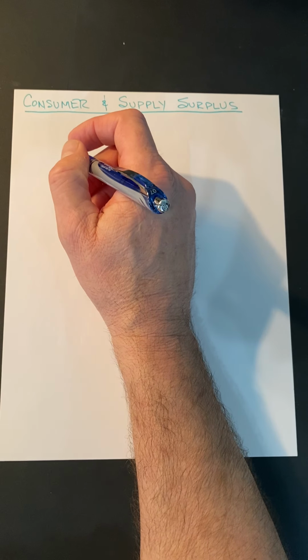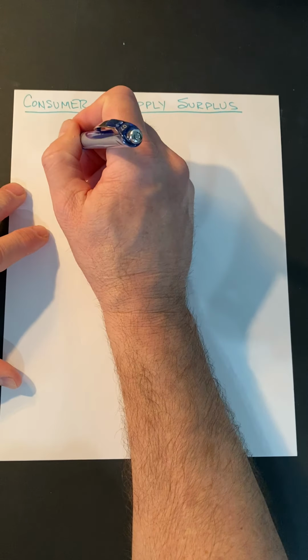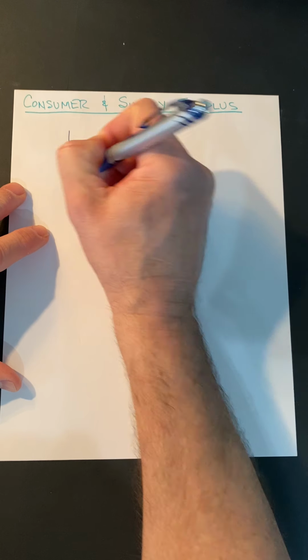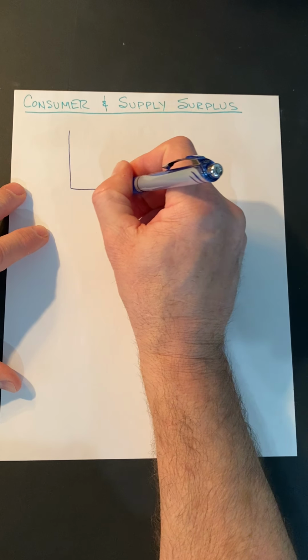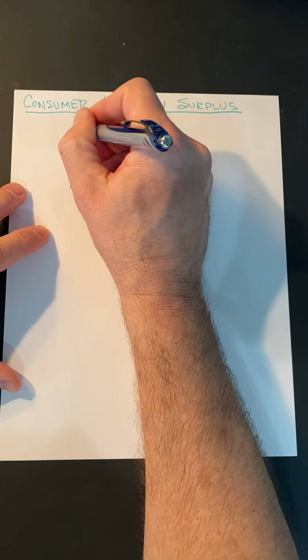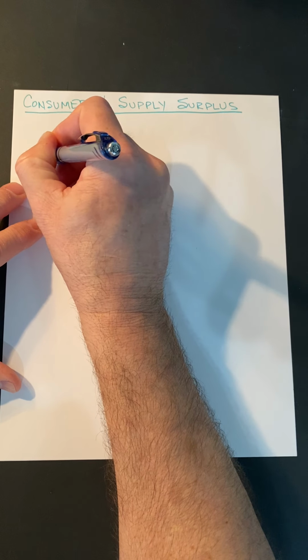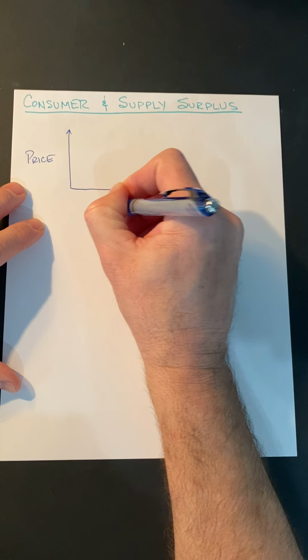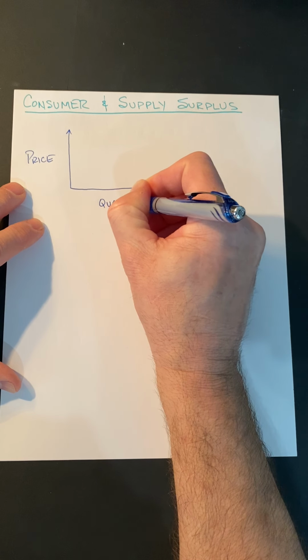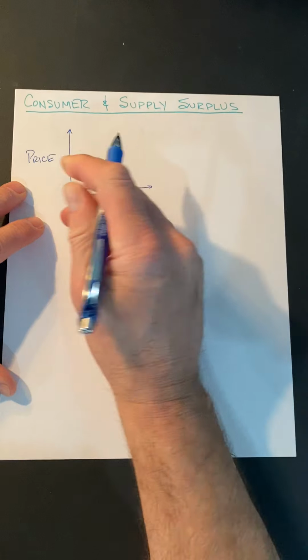So we're going to have a demand function that is designed to express how price and quantity interact for a product.